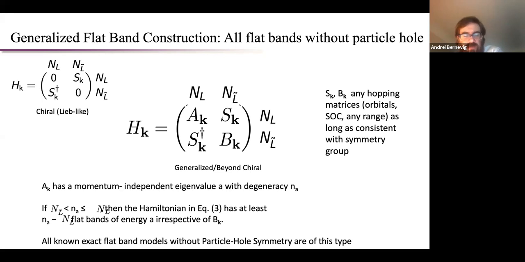So I know that in the literature, most of the flat bands that we know are without SOC, and they're only with s orbitals, and there are only scattered examples with SOC, but that's a historical reason.